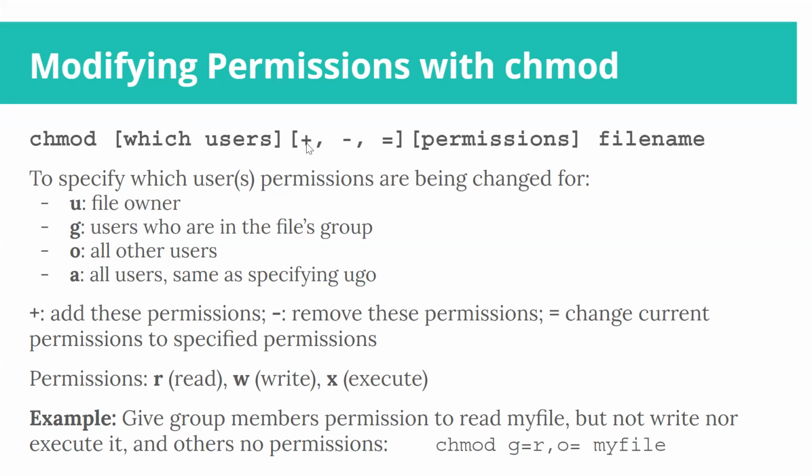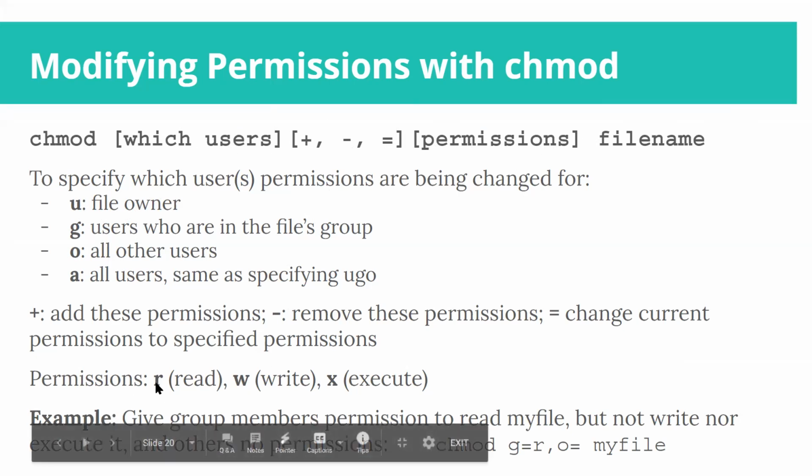Then plus is to add permissions. Plus means add whatever permissions you list here. Minus means remove these permissions from that user. Equal just means set the permissions for that user equal to these permissions. And again, the permissions are read, write, execute.